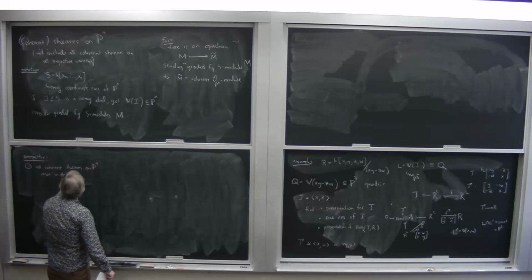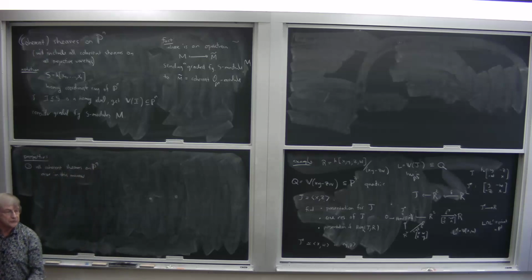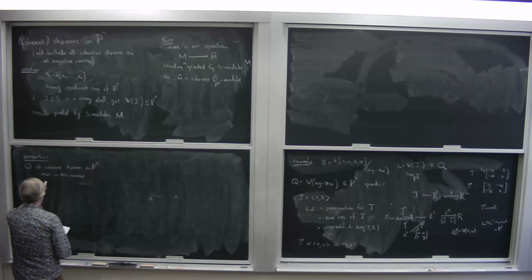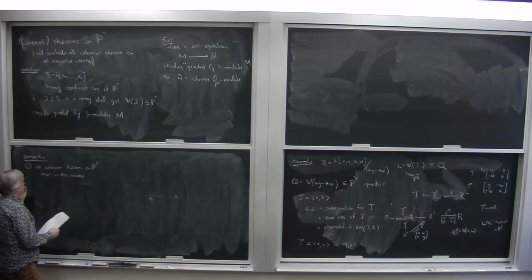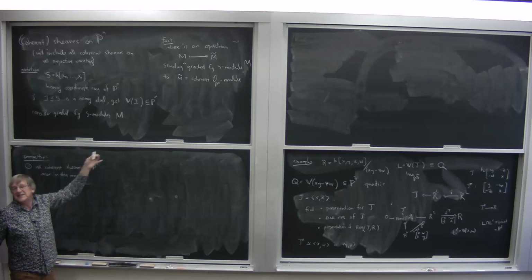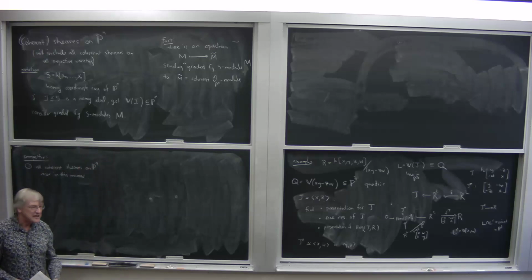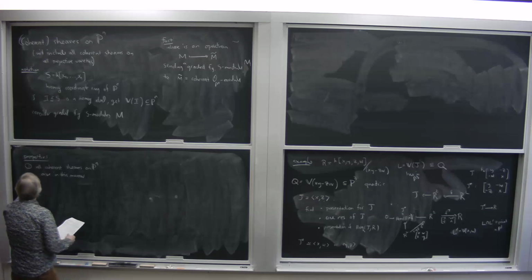So you're not losing any; instead of looking at some subset of these things, this really gives you every single possible sheaf on Pn that is coherent. Coherent basically means it comes from one. This isn't rocket science; it's just me trying to avoid the whole language of sheaves.